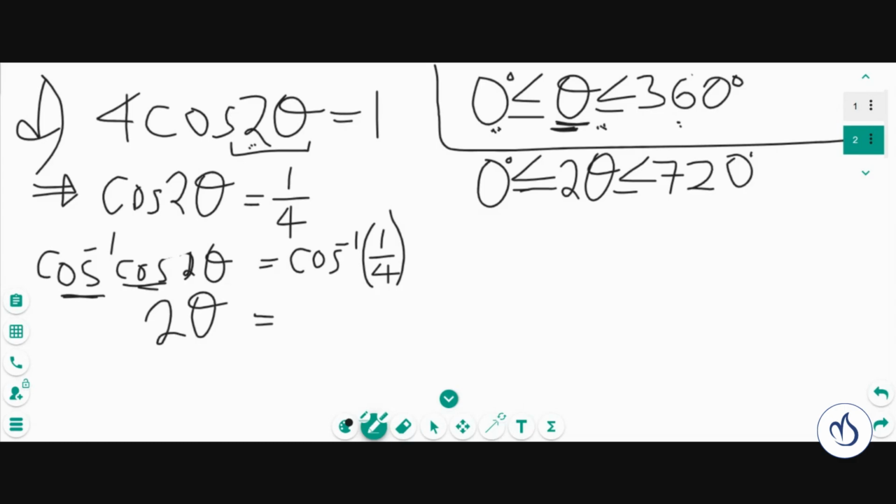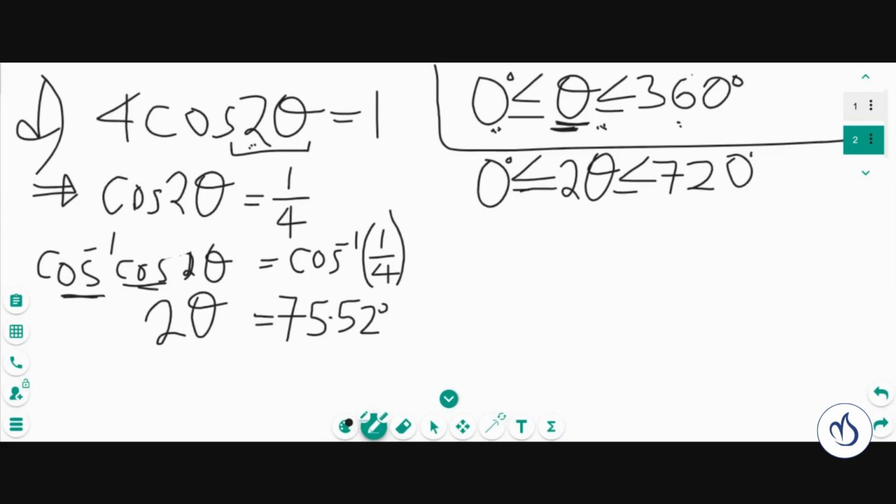I'm always going to write a maximum of 2 decimal places when I'm writing angles. But when you are dealing with other forms of mathematics, you can write up to 4. So that is my 2 theta. 2 theta is 75.52. Okay, but that's not the answer.